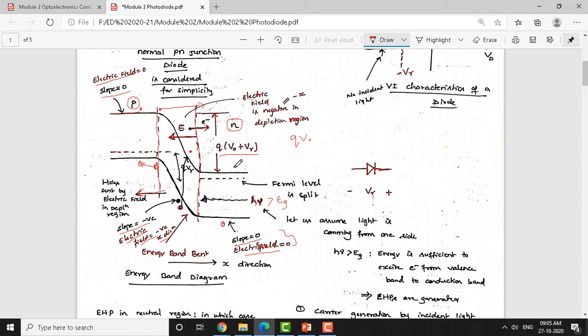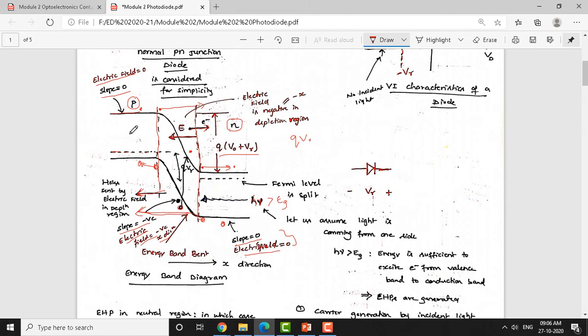Same situation here also: due to the diffusion process, by chance this electron moves close to the depletion region here, and if this hole also moves to the depletion region, then this electric field is so strong that it pushes the electron back to the N region, because the field is acting from N to P. So it pushes the electron back to the N region, and the hole will be pushed back to the P region here. So this is how the charge transport mechanism happens within the PN junction.